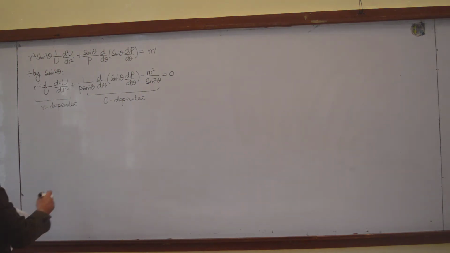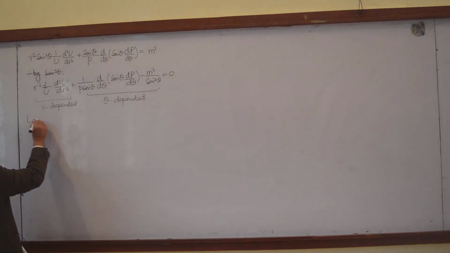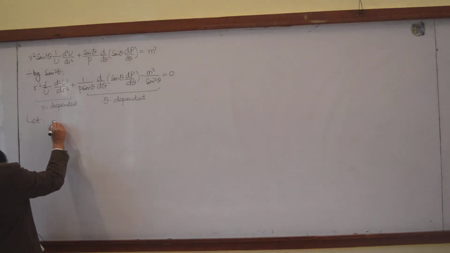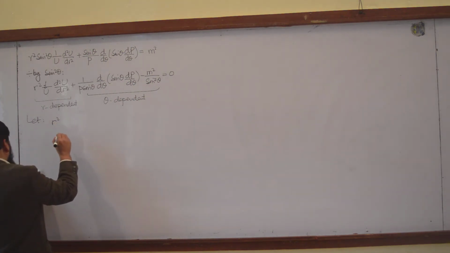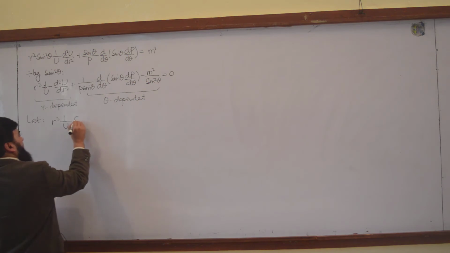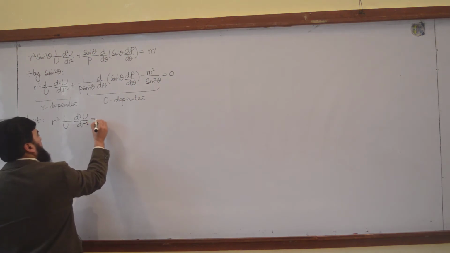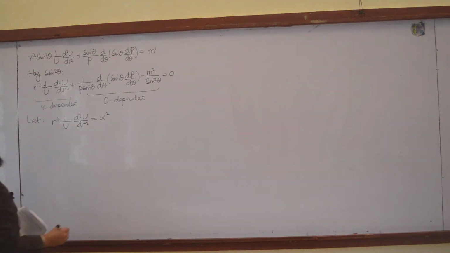Now let us suppose that r square times 1 over u times d square u by d r square is equal to alpha square.